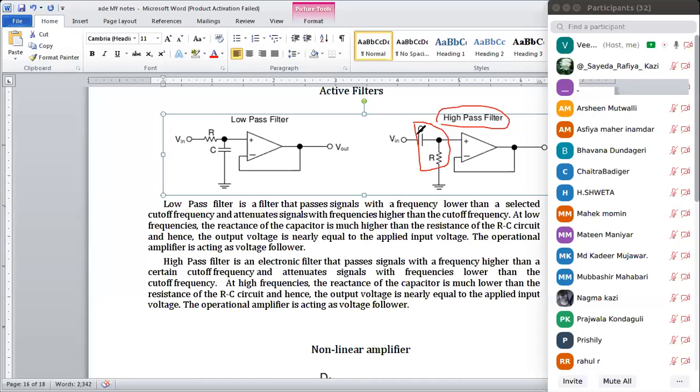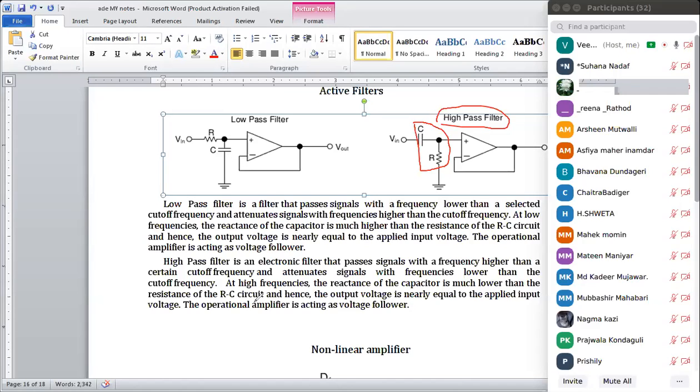C has been put in series with the input, and R is in parallel here. Because of this RC arrangement, the capacitor reactance is lower than the R resistance.